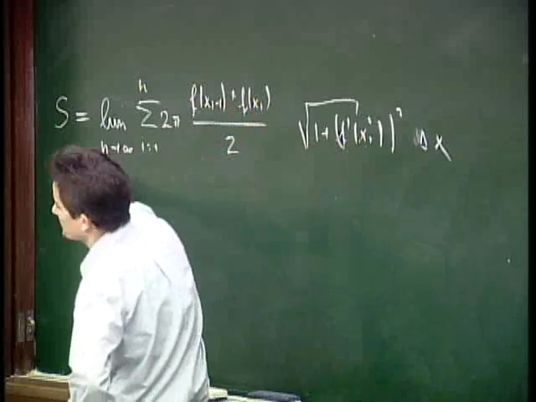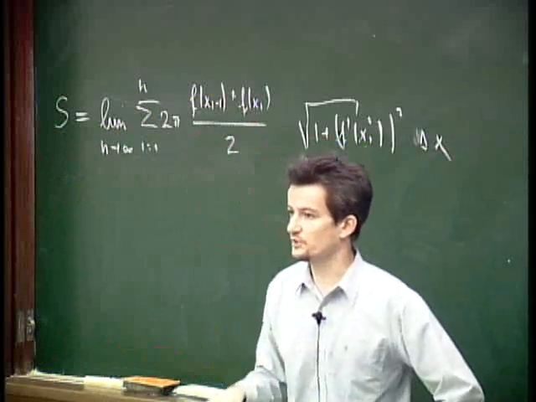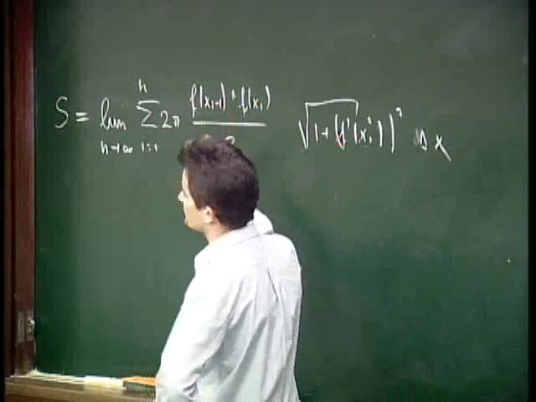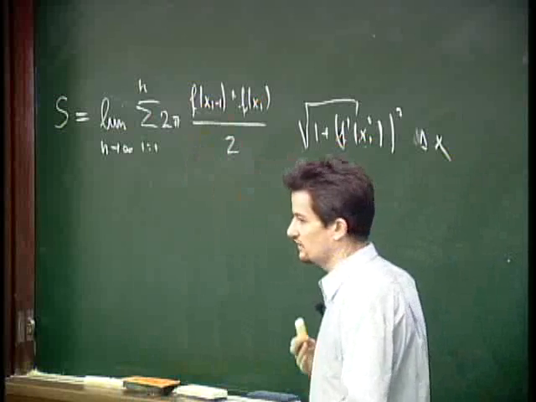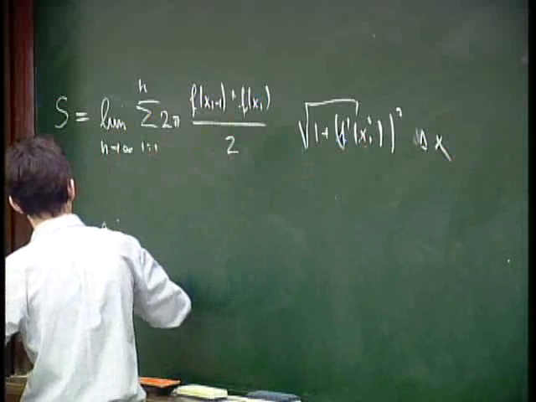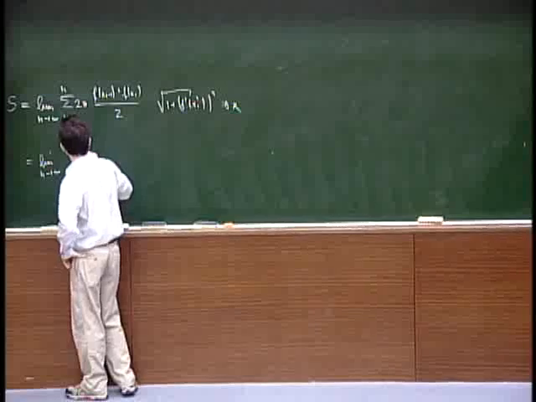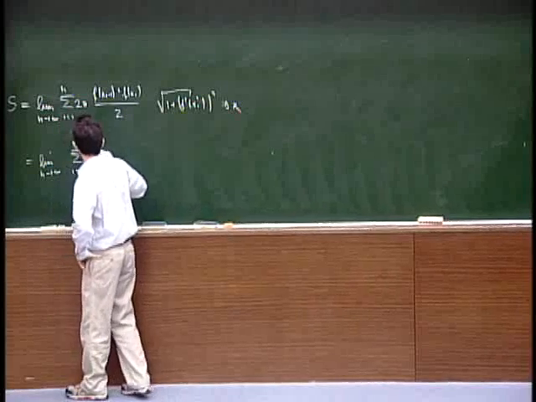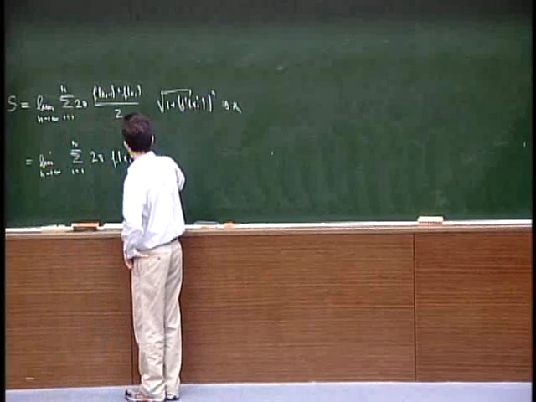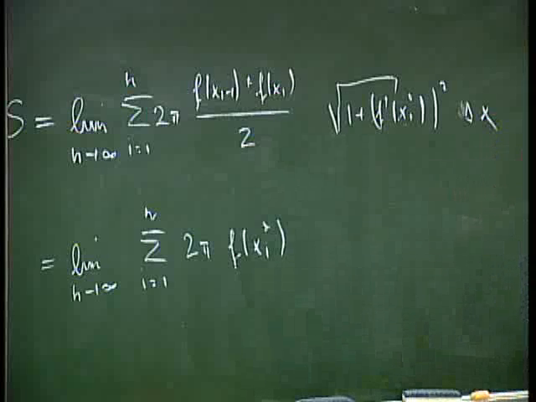And n tends to infinity, which means the subdivision is getting smaller and smaller. What is important is that f is continuous. So under this assumption, I guess you are believing me that in the limit, you can replace this here also by f evaluated at the sample point.